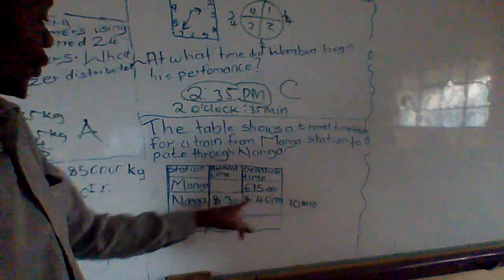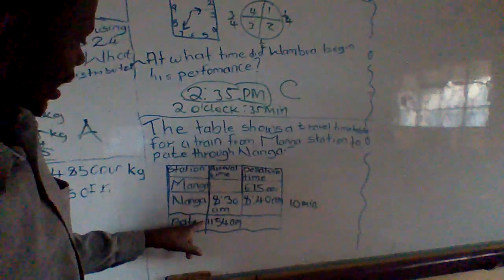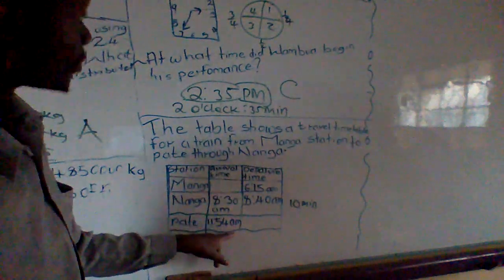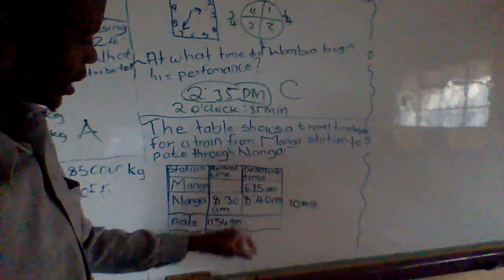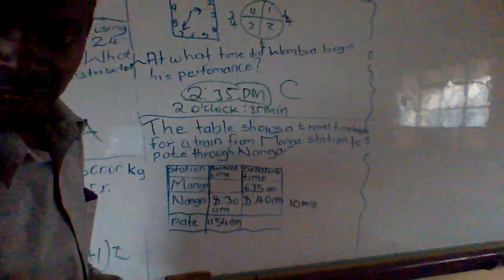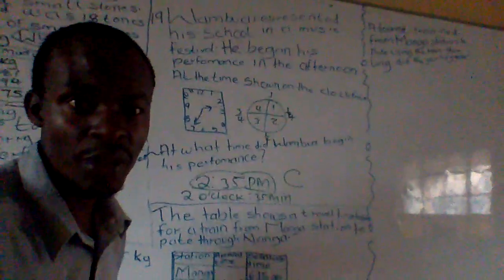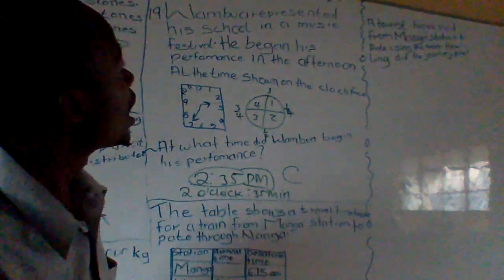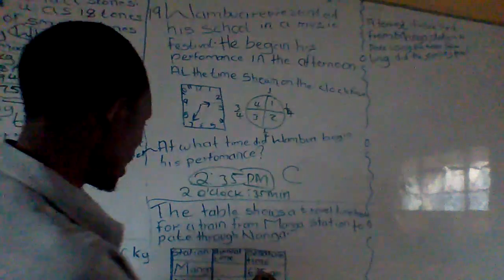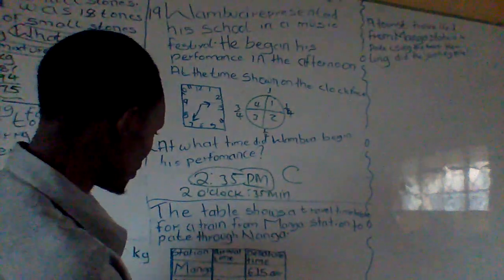And then it arrived at Pate at 11:54 a.m. By this time, it did not depart because that is where it was. So the question asks, a tourist traveled from Manga station to Pate. So how long did it take?